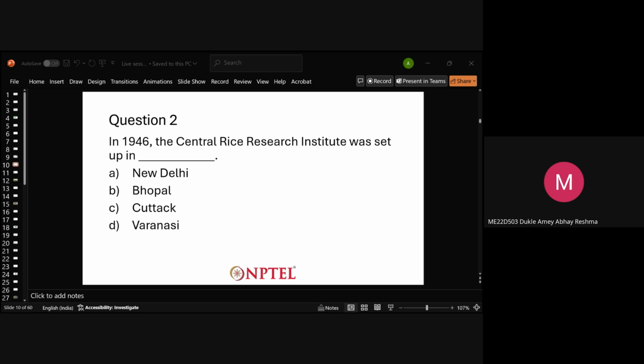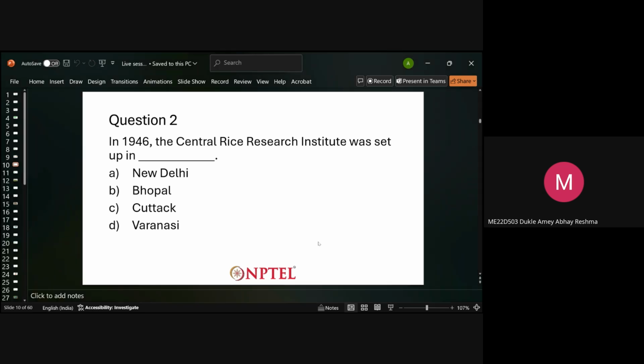Okay, so the answer here is Cuttack. With respect to the Central Rice Research Institute or any research institute, any CSIR lab or any agriculture related labs, basically the labs are located in the state where the crop is produced the most.